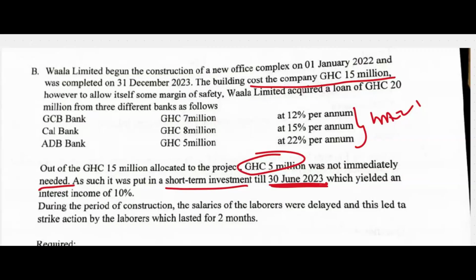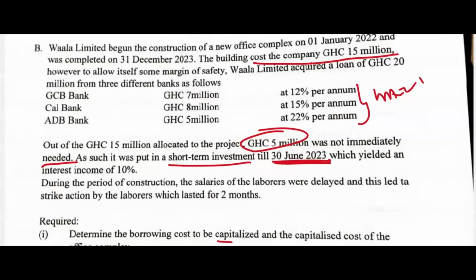And after the 2 months, so now we have to find the construction phase. The construction phase of the project, how many months were they? Let me use CP for the construction phase.